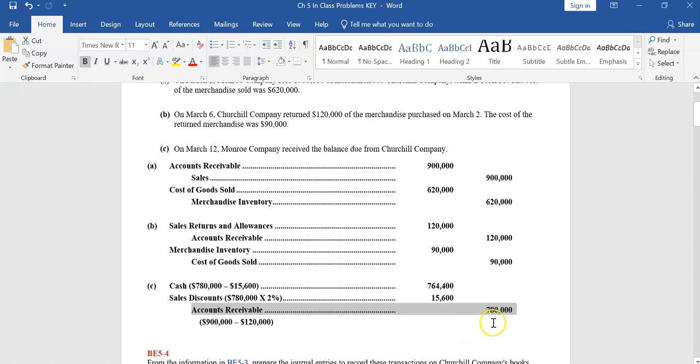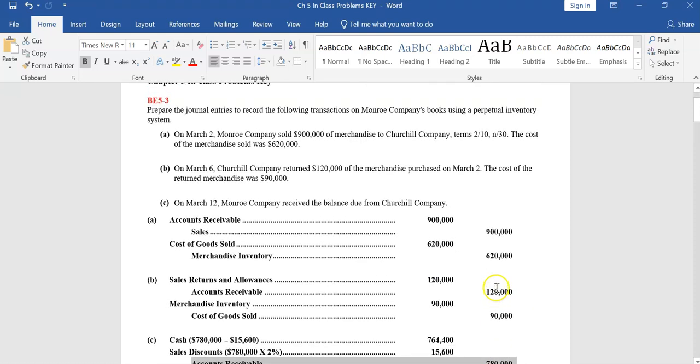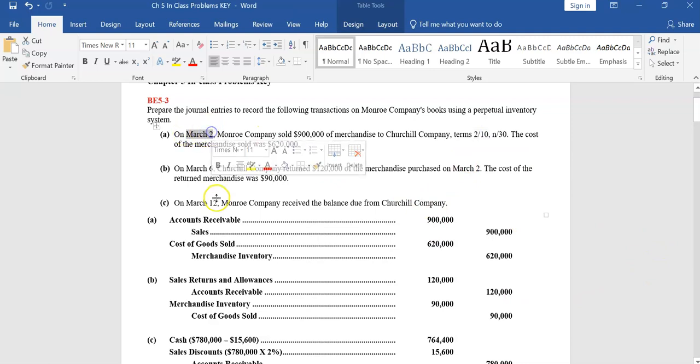Now the full receivable is being paid off, but recall that Monroe told Churchill, if you pay within 10 days, you can take a 2% discount. The purchase was on March 2nd. Monroe paid on March 12th, right within that 10-day period.